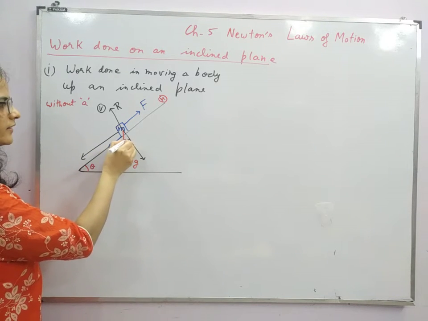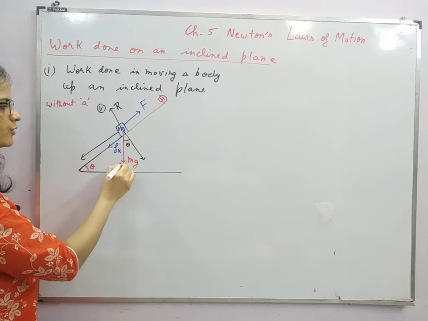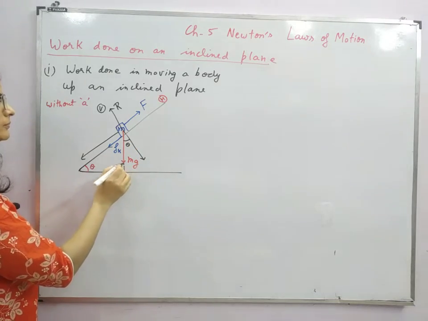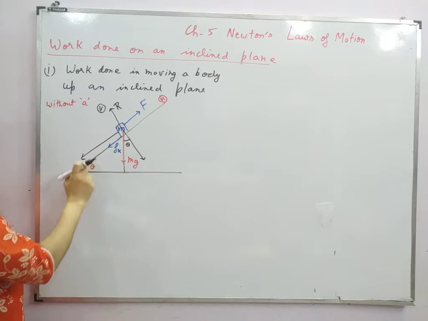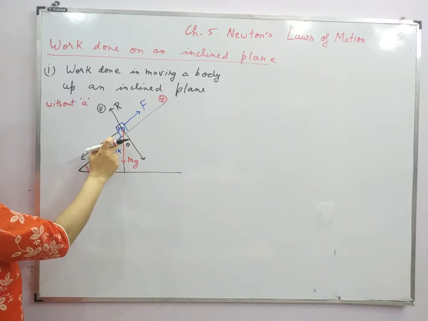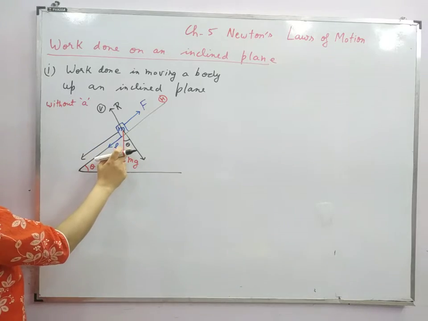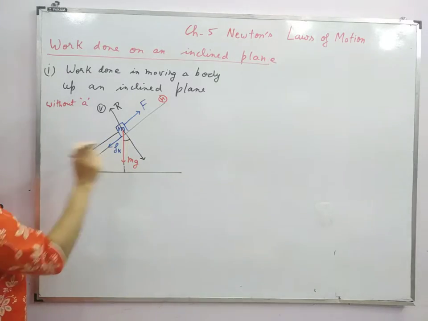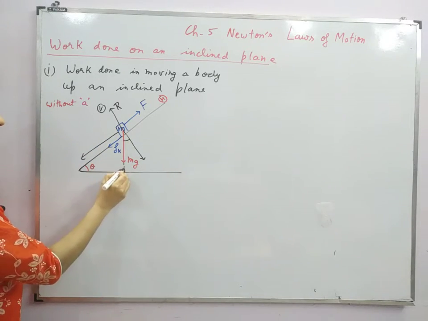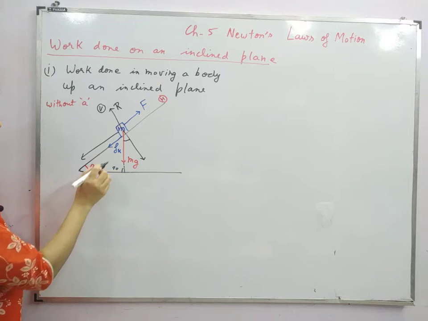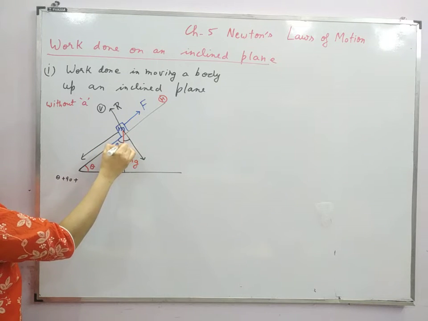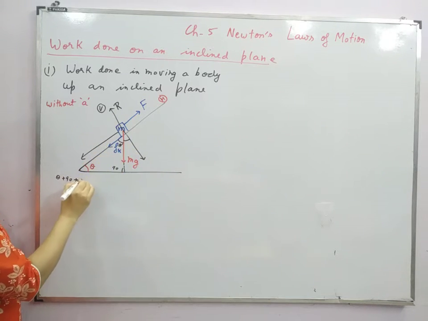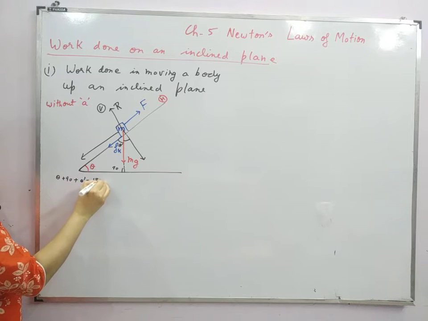Now we know that this angle will be theta. Why so? Let's complete this. This is 90, this is theta, this is 90 minus theta, so this will obviously be theta. Let's remove it and then check. This is theta, this is 90, so this angle theta dash plus theta plus 90 is equal to 180.